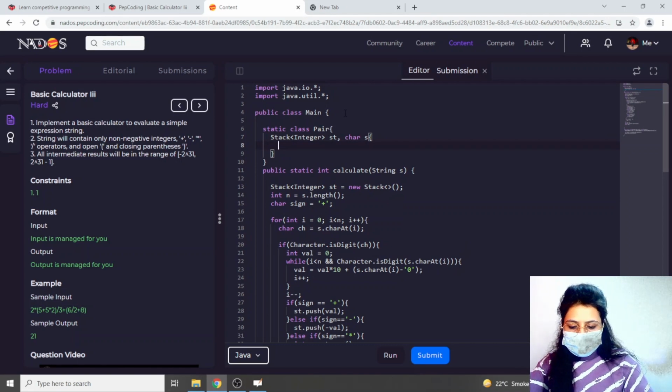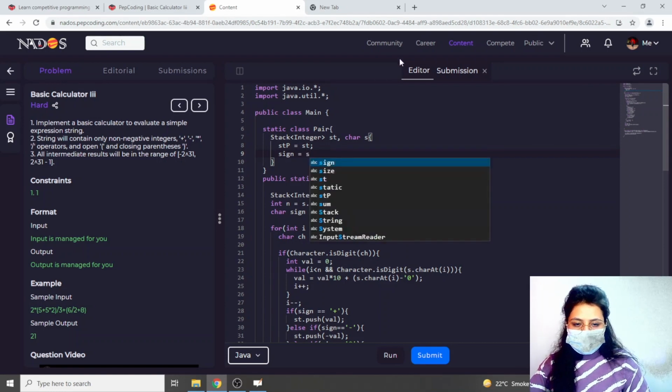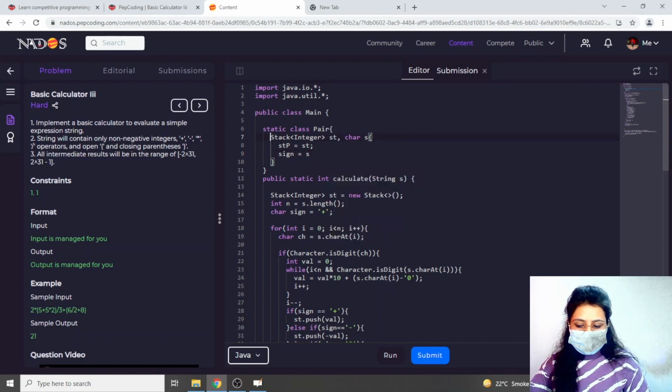And then we'll make st pair equals to st, and the next one would be sign equals to s. Making a pair of this one, right? Sign equals to s.